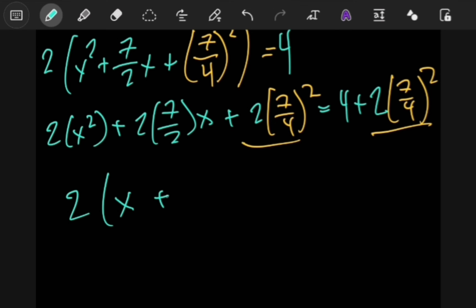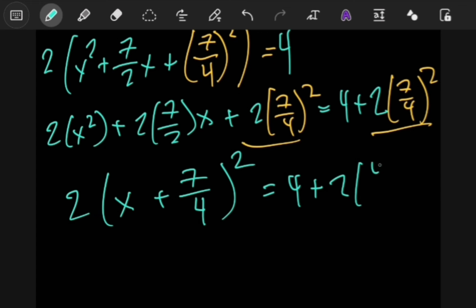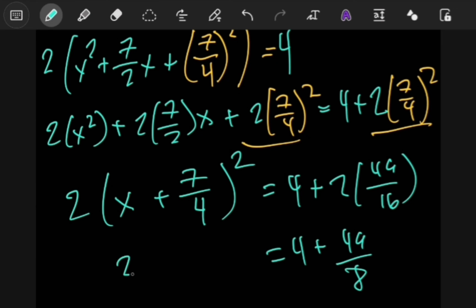That is 7 fourths, squared. And then we have 4 plus, what is 7 over 4 squared? That is equal to 49 over 16. Now we can simplify it further. We have 49 over 8. So 2 times x plus 7 over 4 squared.